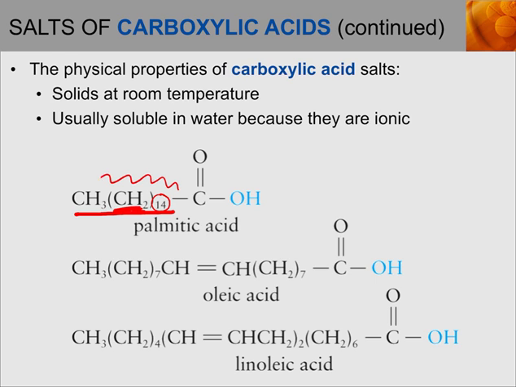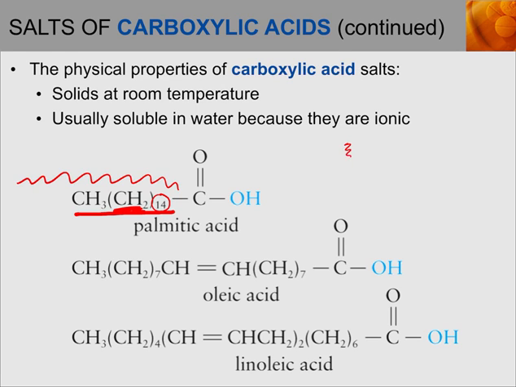So this is a really long carbon-hydrogen chain that's attached. However, this comes in handy for things like soaps. Soap has a polar end and then a very long non-polar end. The polar end is attracted to water, and the non-polar end is going to face away from water.